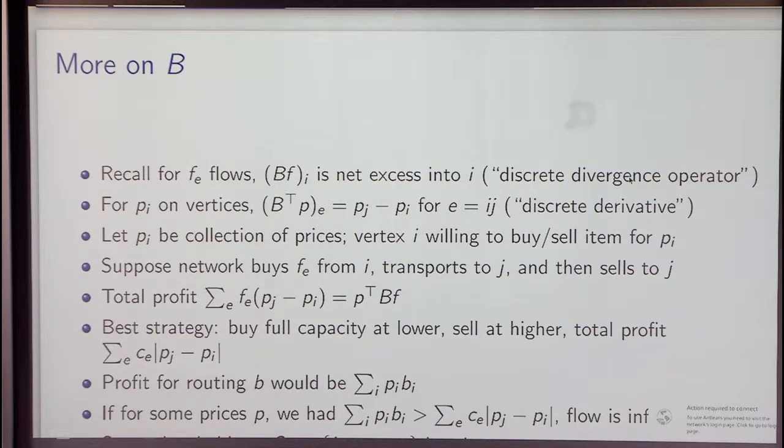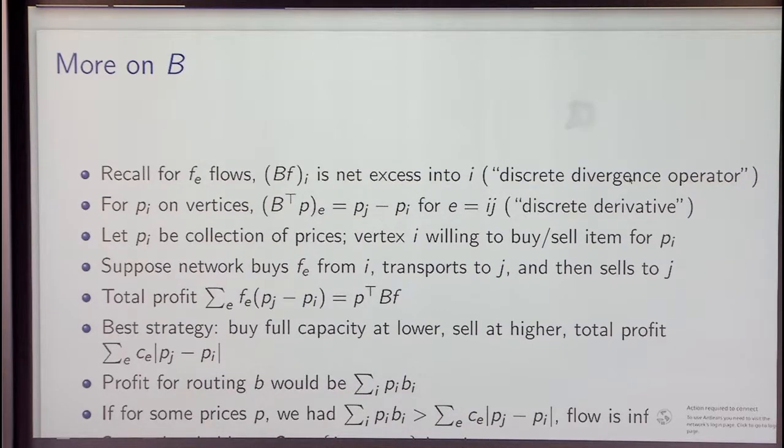You can show, again, it's a fairly simple exercise, that, just by definition, P is basically a hyperplane separating the set of flows Bf equals b from the set of flows that respect capacities. But you can also get a cut from this: if you look at sets of the form, the set of all vertices whose price is at least T for some T, one of those threshold cuts is going to have the condition we're looking for.